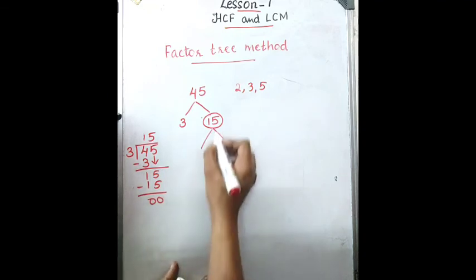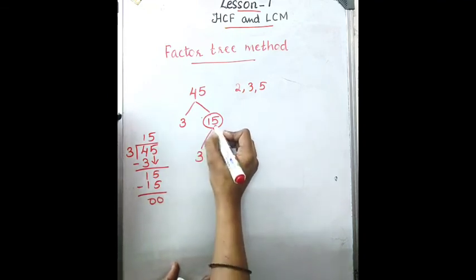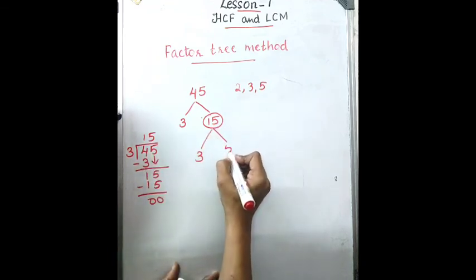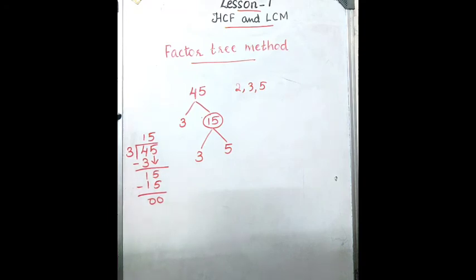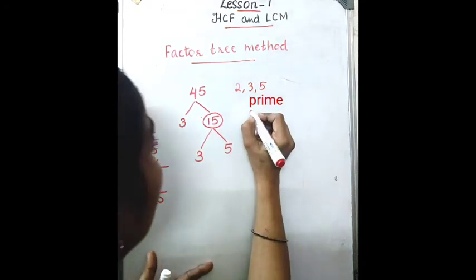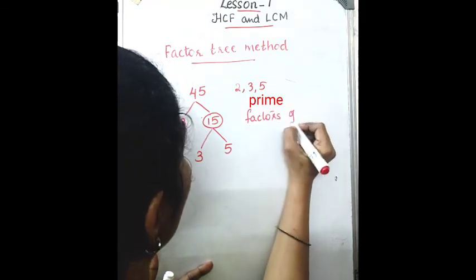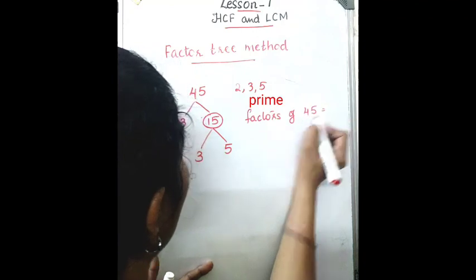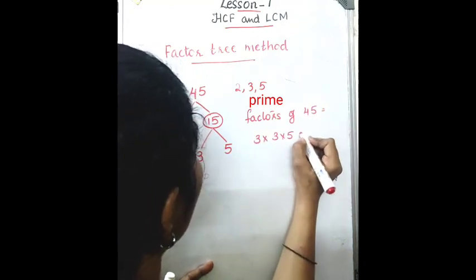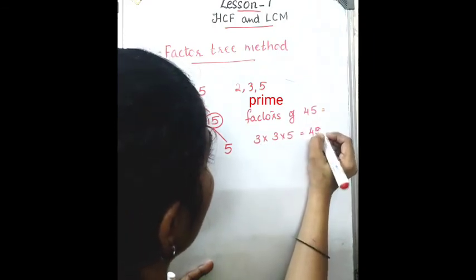How can we divide? We can divide this by 3 again. 15 divided by 3 gives 5. So now we got the prime factors. We can write the prime factors of 45 equal to 3 into 3 into 5. That is 3 into 3 is 9, 9 into 5 equals 45.